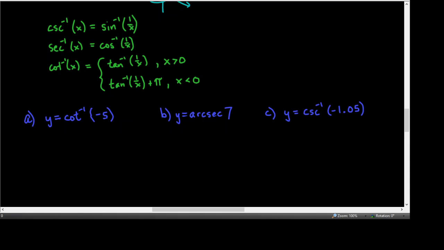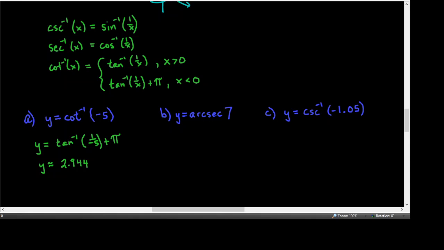Okay, so for the first one, because it's cotangent inverse of a negative number, the way to get this answer is to do tangent inverse of the reciprocal of that negative number, and then because it's negative, add pi. And so if you type that in your calculator, you should get 2.944.